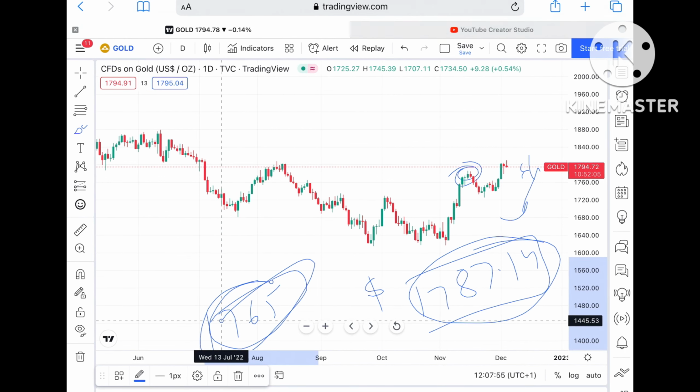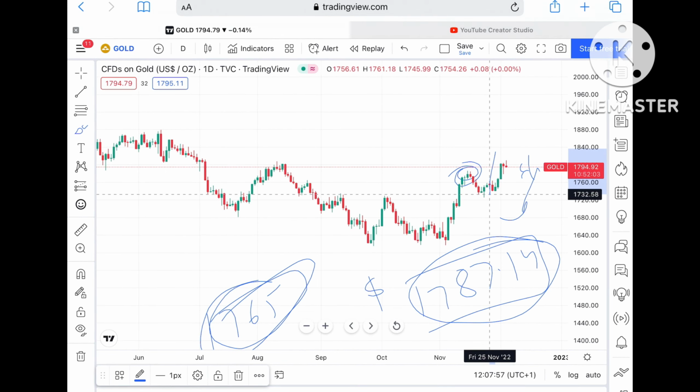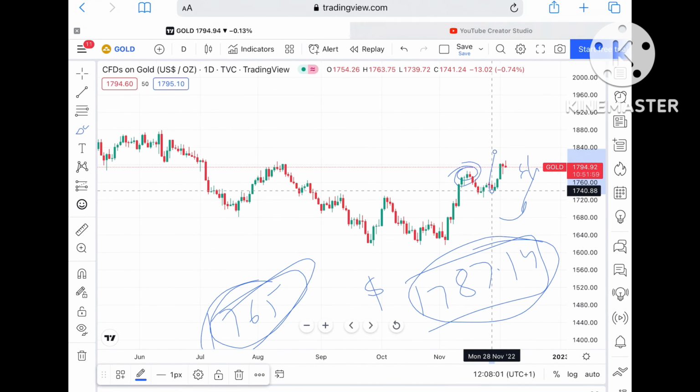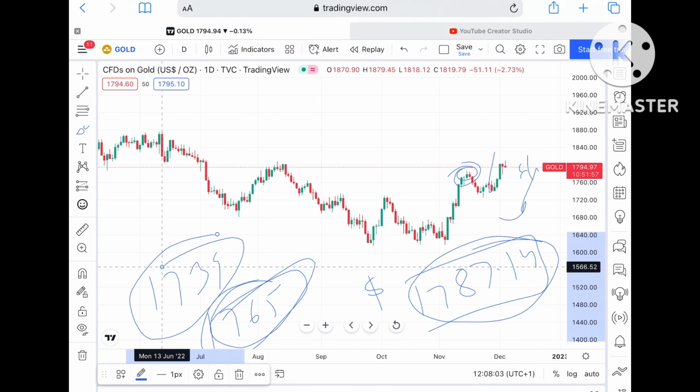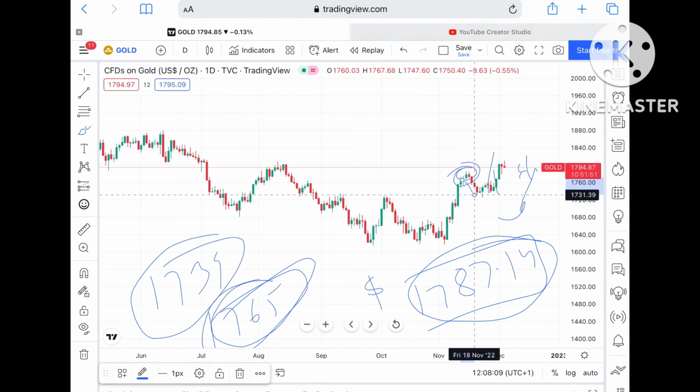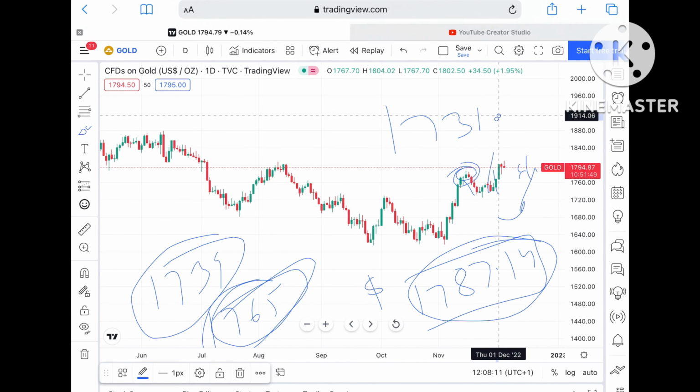And from there, if that also doesn't sustain, then the probability is very high we can see it can go towards a level of 1746 to a level of $1739. Once it falls below that particular level, then we can see it can go towards a level of around $1731.19, and from there we can see it can move further low.